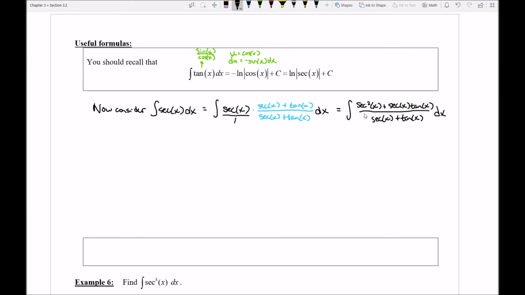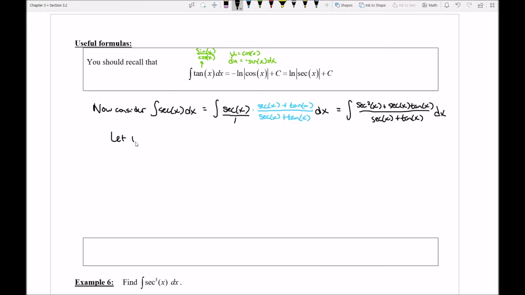Well, it's actually really good news, because this, while it appears complicated, is very, very nice. If I look at the denominator and the numerator and try to find a relationship between them, you might see that if I take the derivative of secant, I get secant tangent. And if I take the derivative of tangent, I get secant squared. That is, the numerator is the derivative of the denominator.